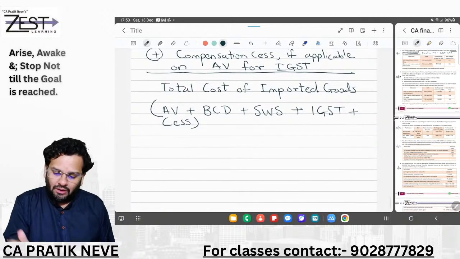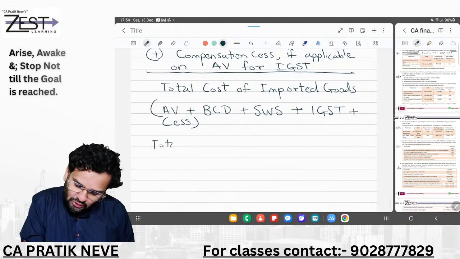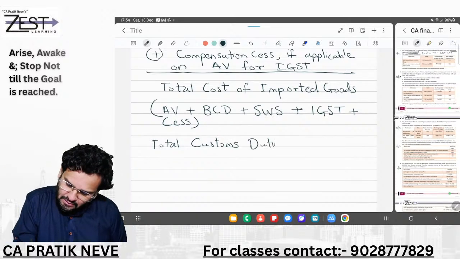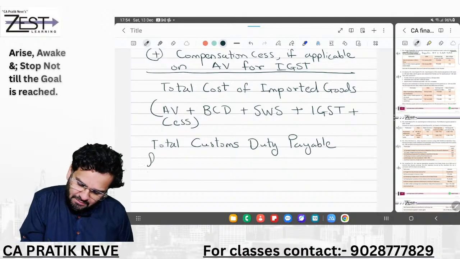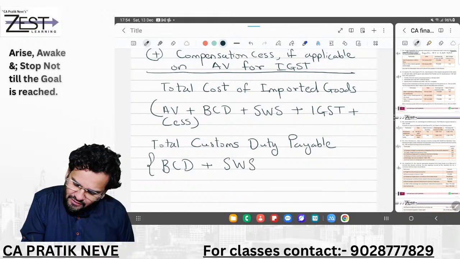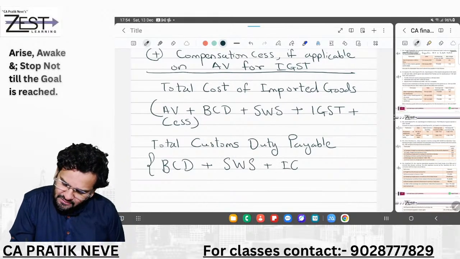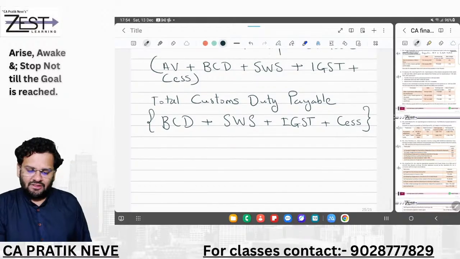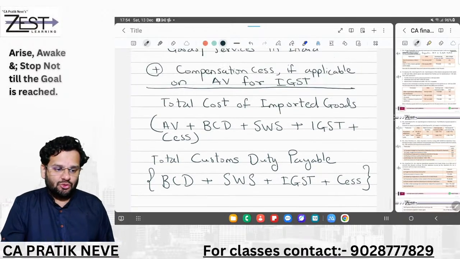Now if you want, you can calculate total customs duty payable. So your total customs duty payable shall be BCD, basic custom duty, plus social welfare surcharge, plus IGST, plus cess. So friends, this is your total customs duty payable.